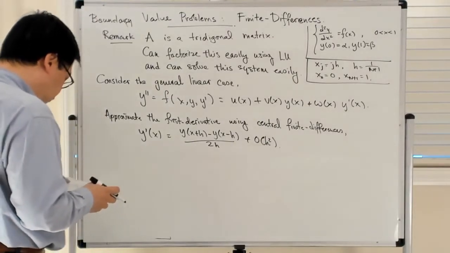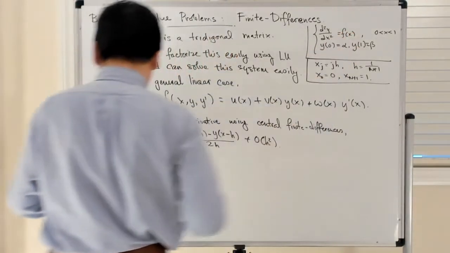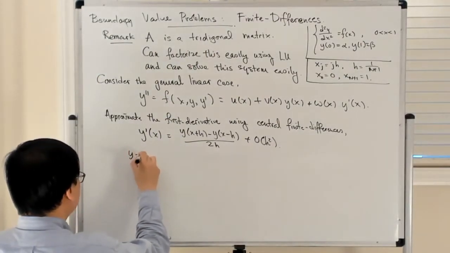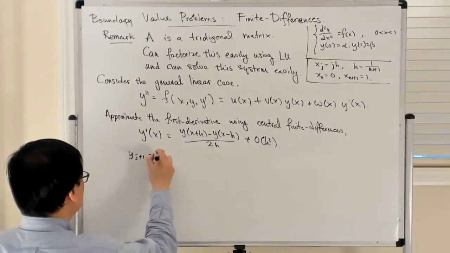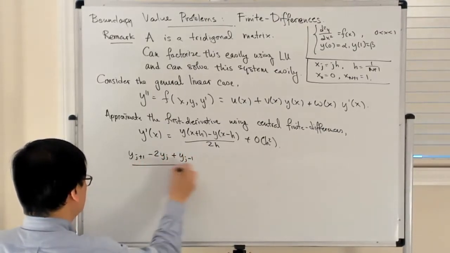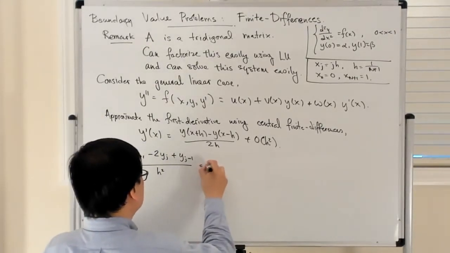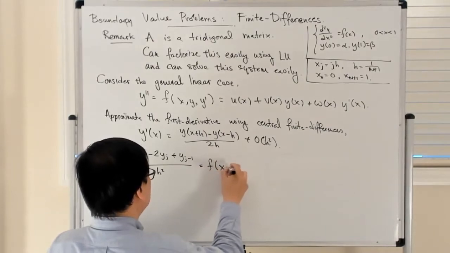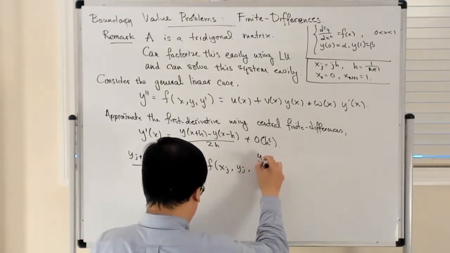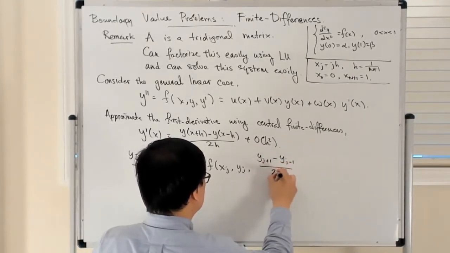With that in mind, I can write this equation down as yj plus 1 minus 2yj plus yj minus 1 over h squared, which is again an approximation of the second derivative, equal to f at xj, yj, and yj plus 1 minus yj minus 1 over 2h.